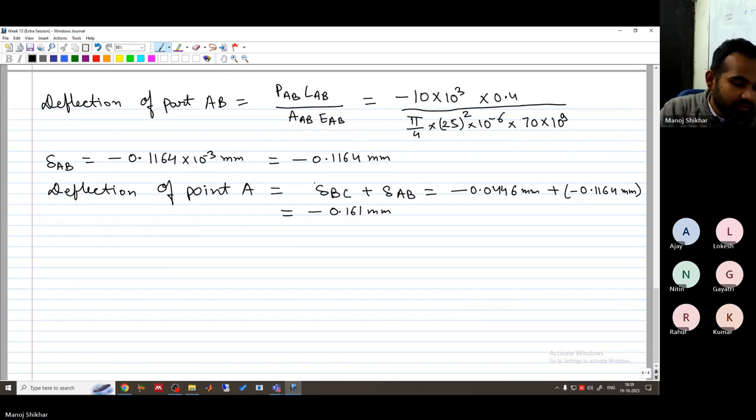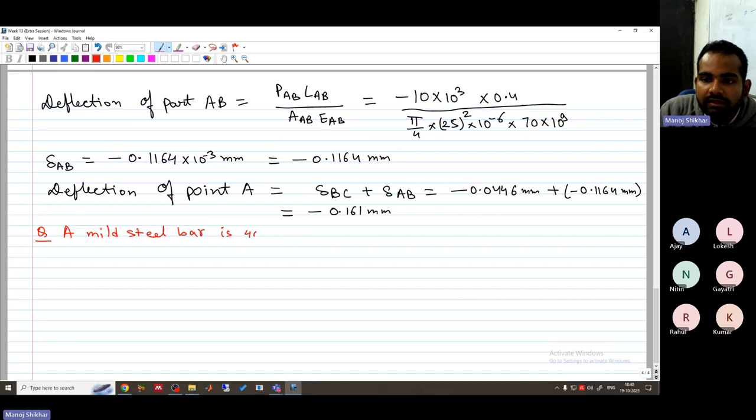Now, let's do another problem of similar kind. So the question is, a mild steel bar is 40 centimeter long.